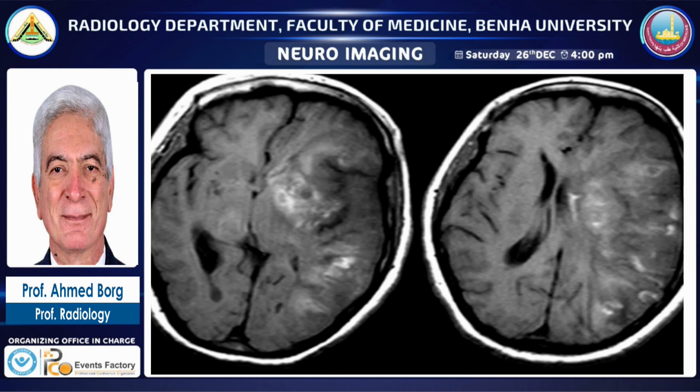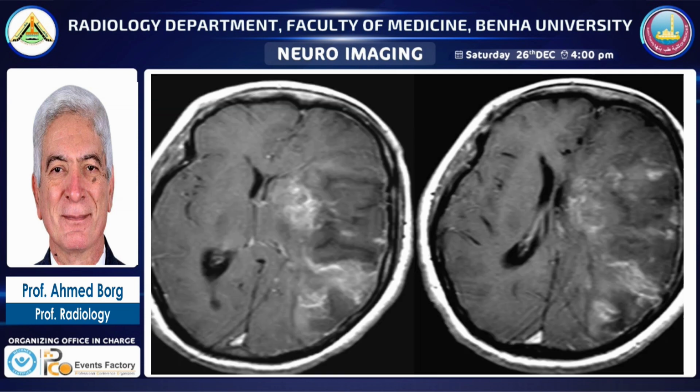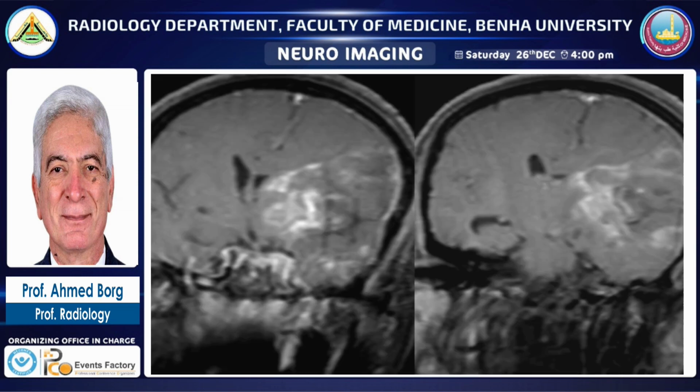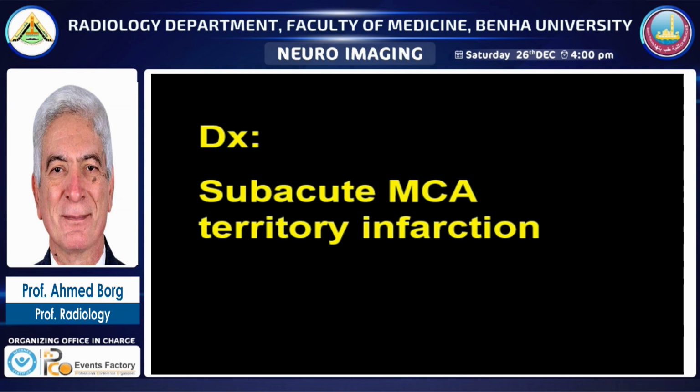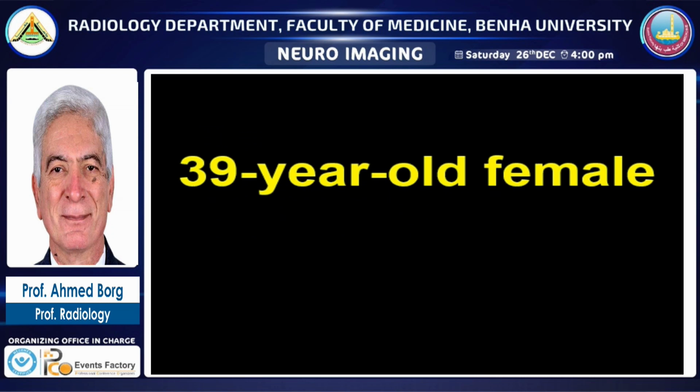There is bleeding, there is hemorrhage, hyperintense, and some patchy and gyral enhancement on post-contrast study. Again, post-contrast studies show gyral enhancement and patchy enhancement, parenchymal enhancement. So this is subacute middle cerebral artery territory infarction.